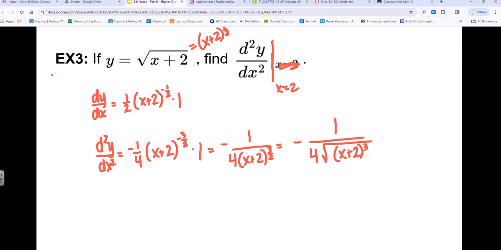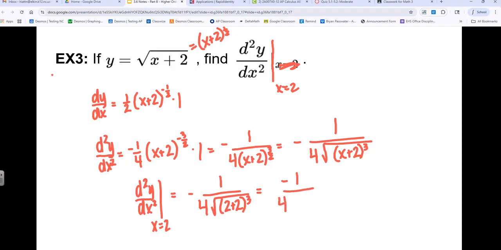And so they just want you to plug the 2 in. So you will have negative 1/4 square root of 2 plus 2 cubed right there. You could stop here on the FRQ question, but a lot of times you're either going to need to use that number for something or it's multiple choice.